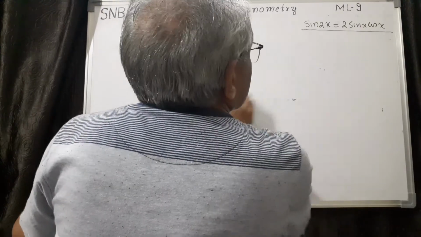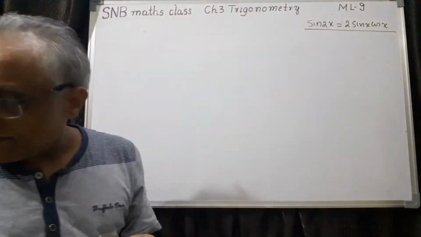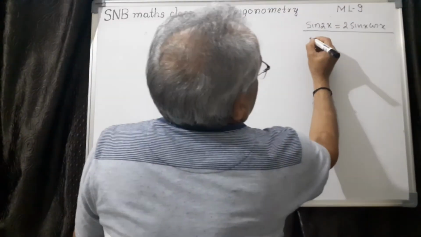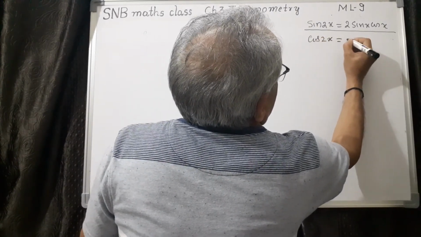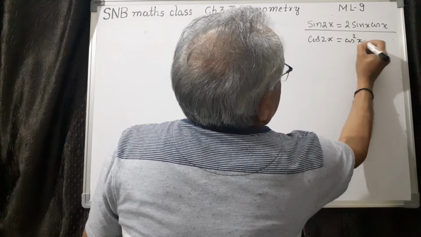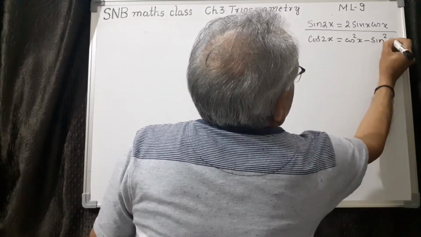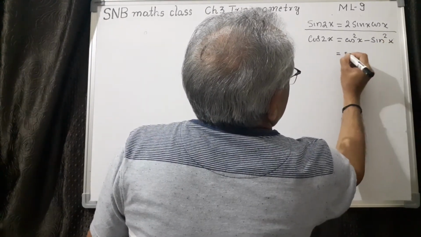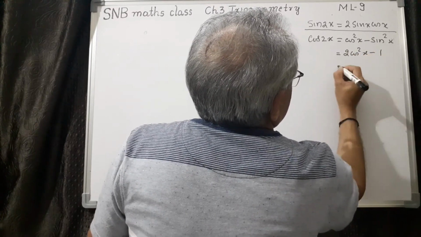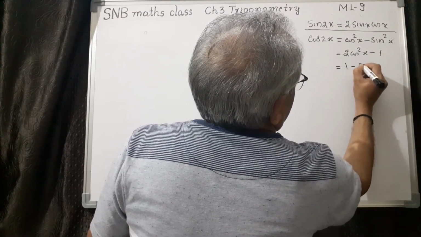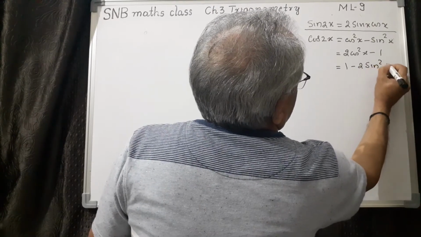So let me just list here so that it is easy to remember. What is therefore cos 2x? This is cos square x minus sin square x, but that is also equal to 2 cos square x minus 1. That is also equal to 1 minus 2 sin square x.